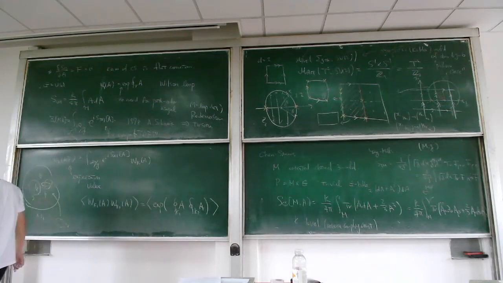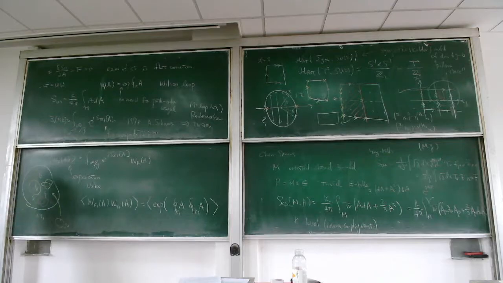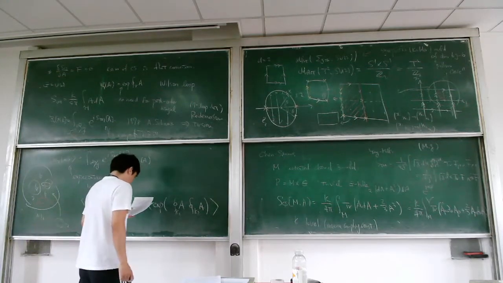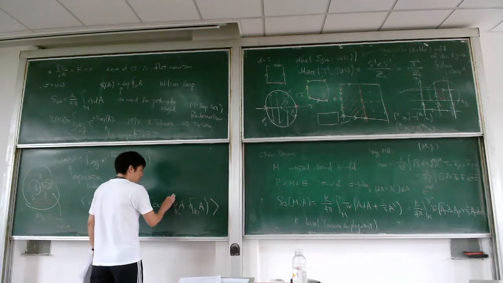So this can be written like this. It's now abelian, so you don't need to consider the order of multiplication, so it's commutative. And now this can be written as follows.